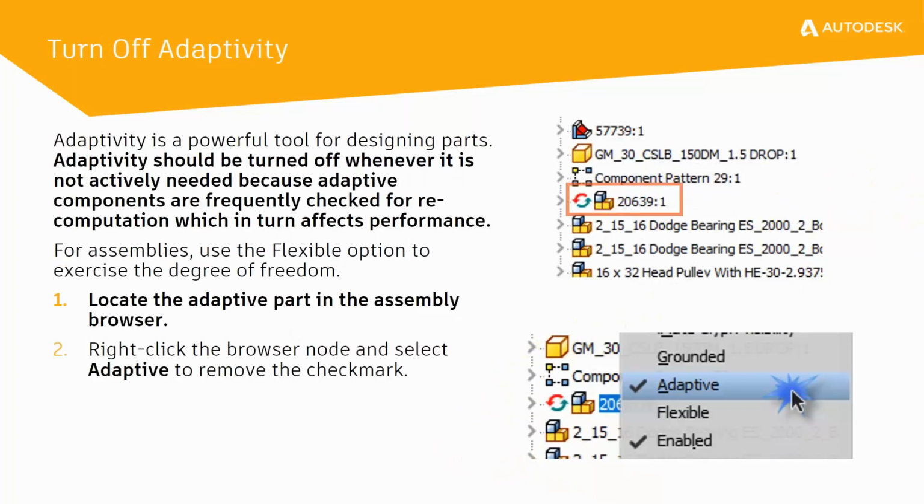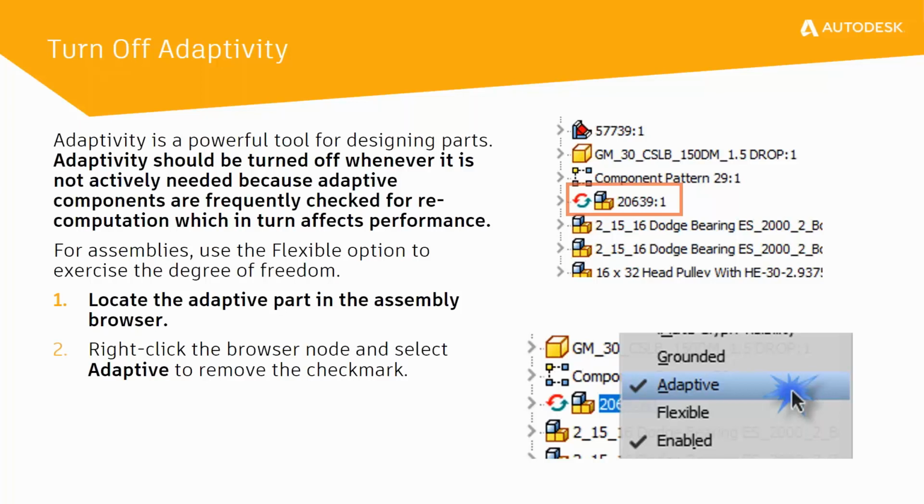Another thing, and we spoke a little bit about adaptivity in part 1 of the webinar series, is to turn off adaptivity when you don't need it. Adaptivity should be turned off whenever it's not being used, because in essence, when it's turned on, it's frequently checking for recomputation, which can lead to performance-related issues.